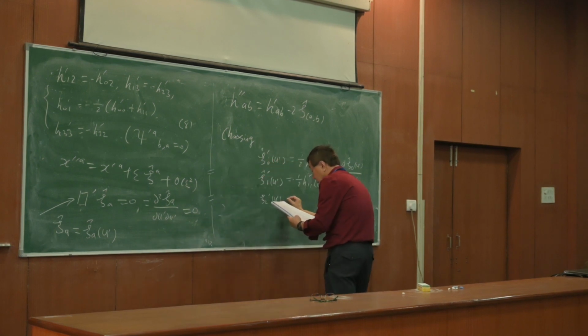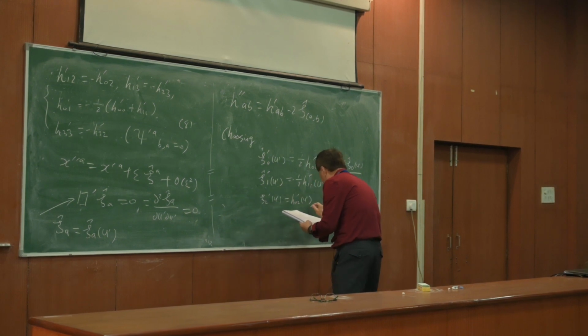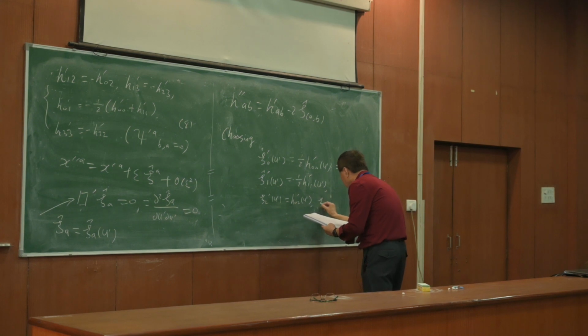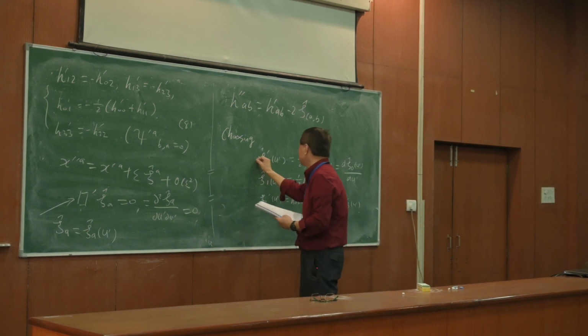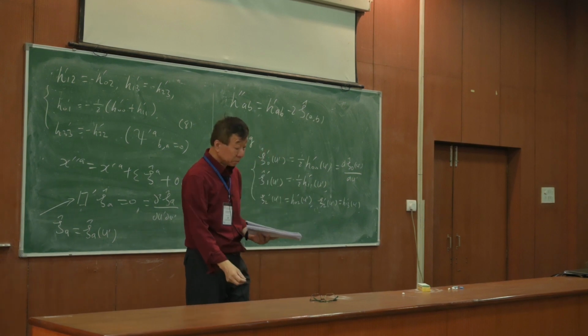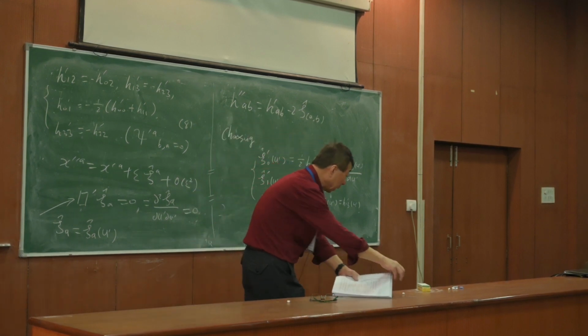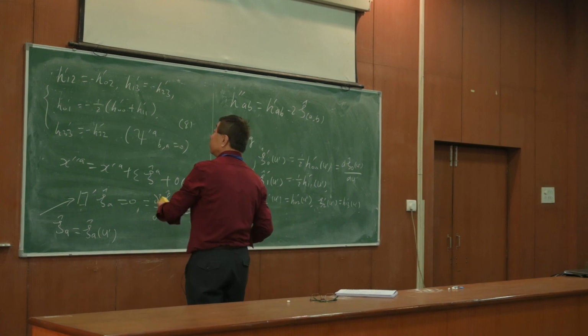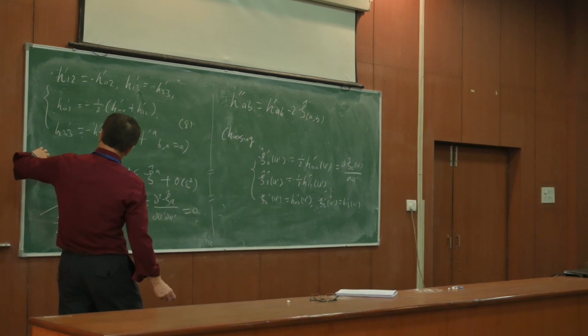Prime equal H02 prime U prime, 3 prime U prime equal H0 3 prime U. So if I choose this one, I simply choose it. Then you can prove, you use actually this.